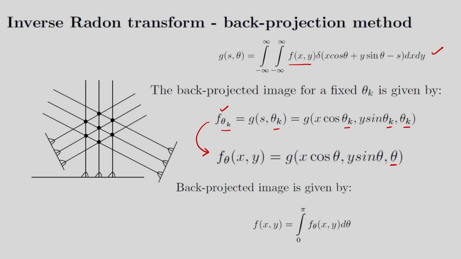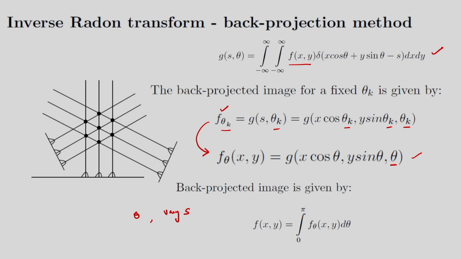So we first fix theta and we vary s. That means we are summing the pixels of f(x,y) along the line defined by the specified values of the parameters s and theta. I can increment the values of s, to cover the image, but theta has to be fixed. If I make theta fixed, then I will be getting one projection. Like this I will be getting a number of projections.